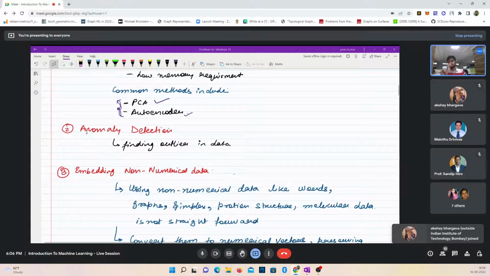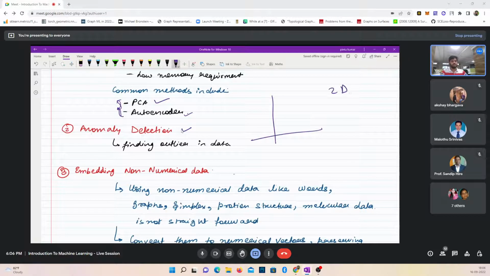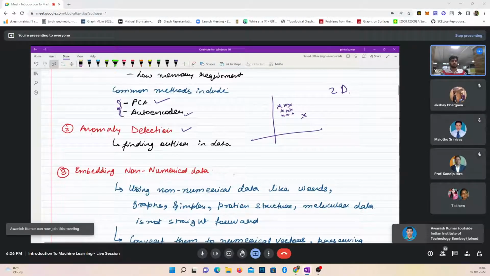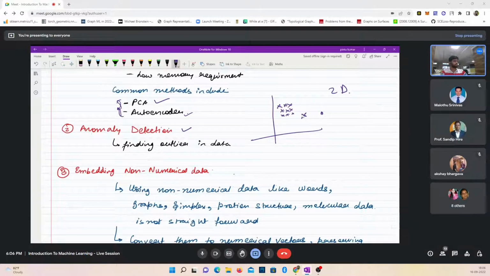The next thing is something called anomaly detection. Let's say you have data points in 2 dimensions, and your data looks something like this. If you look at this data, it very clearly forms 2 clusters.